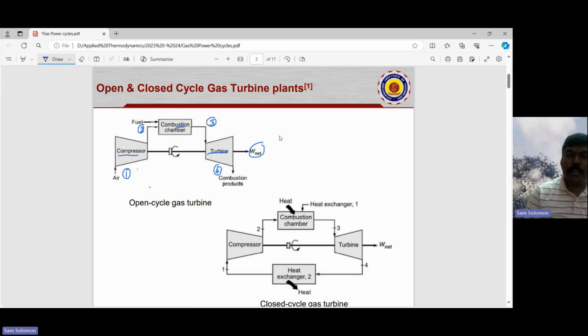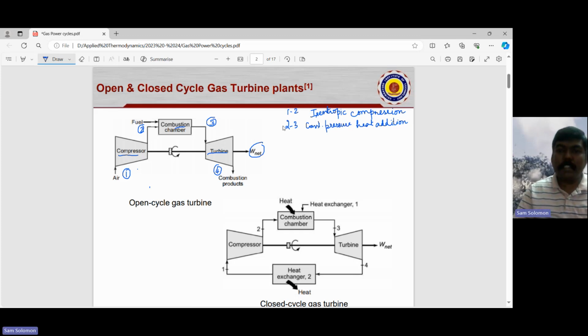Okay. And so if we list the processes here, process 1-2 is going to be isentropic compression, which is reversible adiabatic compression. Process 2-3, we have already said that is heat addition. But what we need to look at is what type of process it is. That is constant pressure heat addition. Okay.